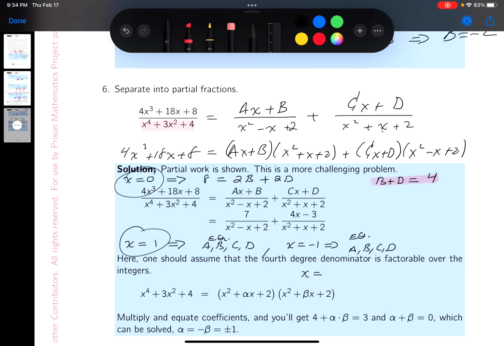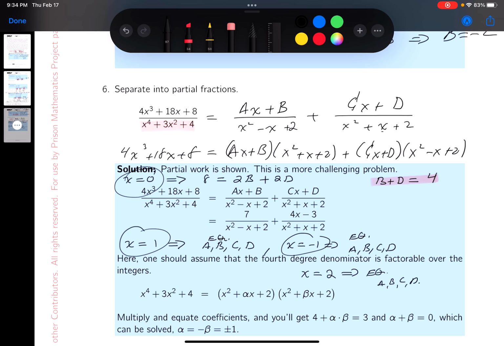You've already done it. And I wouldn't pick minus 1 again. I'd probably pick 2. And what do you get over there? You get an equation in A, B, C, and D. And then what you have? You'd have 4 equations, 4 unknowns, and you could use the system of equations to solve it, and you should get the A, B, C, and D.